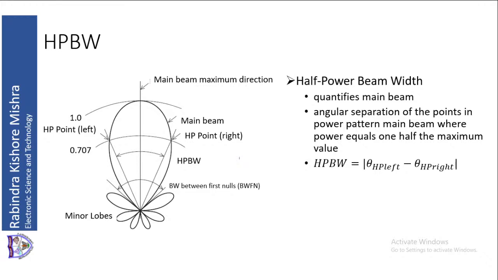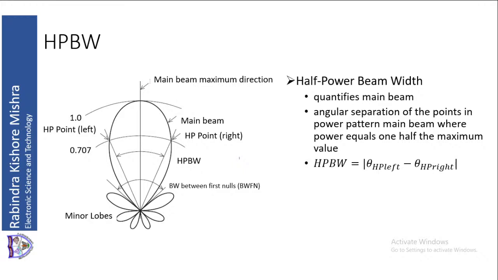When the field is 0, 0 means null, null means 0. Since a null occurs, no field is there. So this is called a null, and the separation between these two is called the beam width between first nulls.